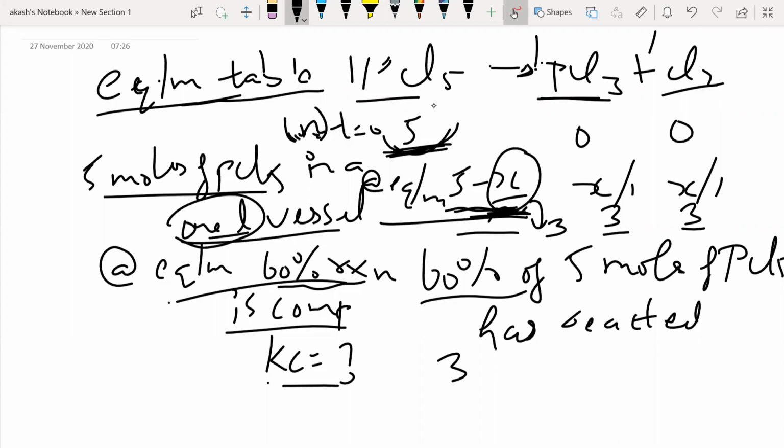So Kc value, you can easily find, right? Always remember you have to use the equilibrium concentrations. So it will be concentration of PCl3 into concentration of Cl2. What is concentration of PCl3? 3 by 1. What is concentration of Cl2?